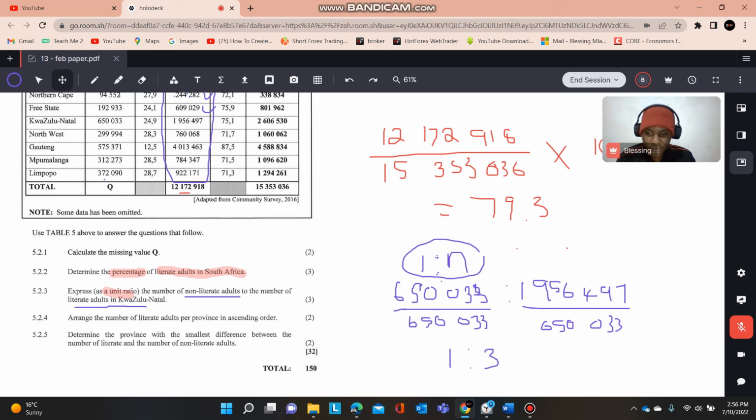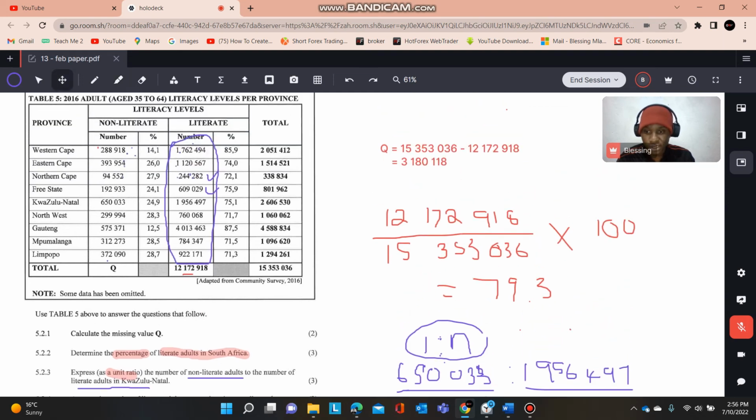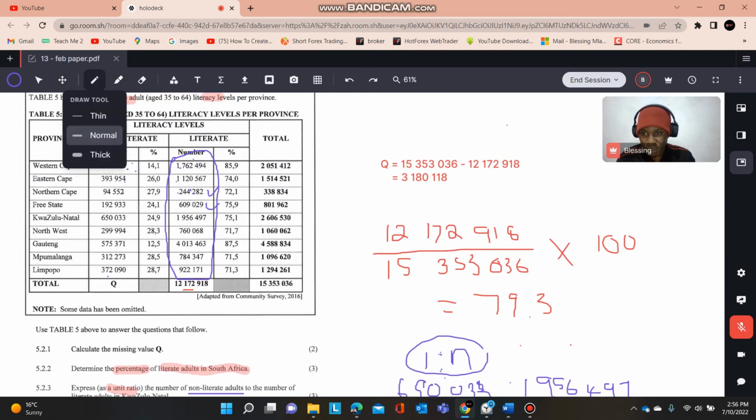And then for 5.2.5, they say determine the province with the smallest difference between the number of literate and non-literate adults. The province with the smallest difference. So if we take this number here and subtract this one, and we do it for all the provinces, which one will have the smallest difference, right? You can also skim through the numbers and try to see which one can possibly have the smallest difference.